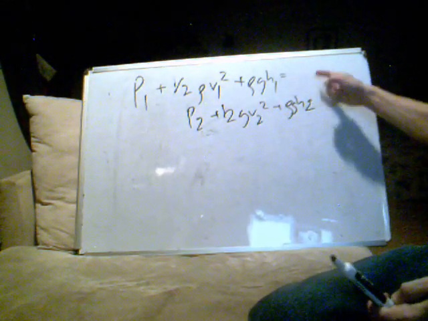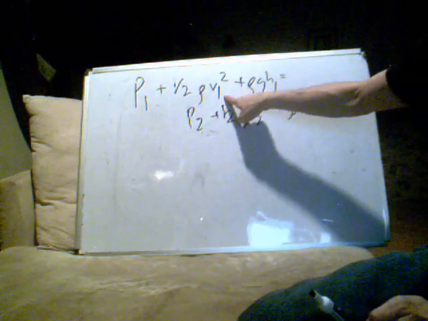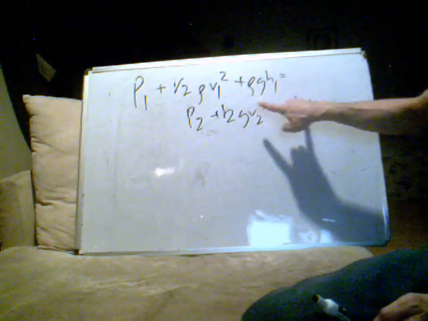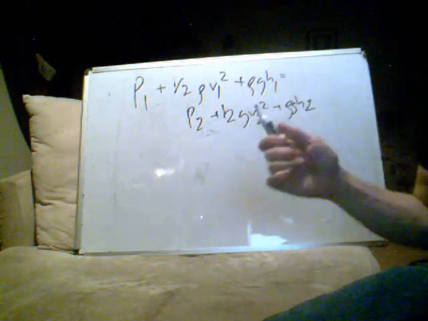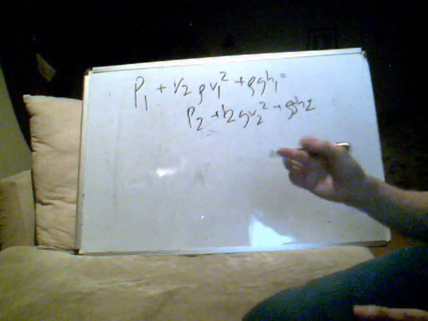Now these terms probably look pretty similar. This one looks a lot like kinetic energy, and this one looks a lot like potential energy, right? And as a matter of fact, they are very similar.